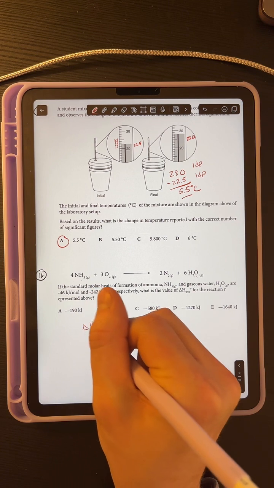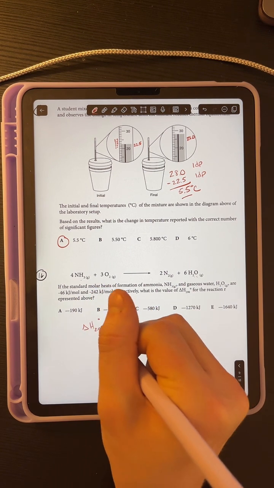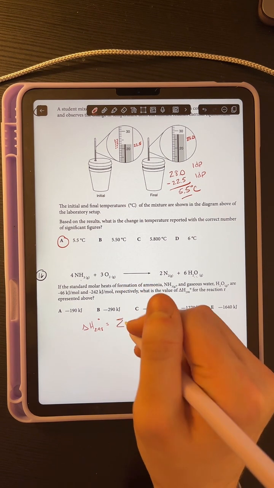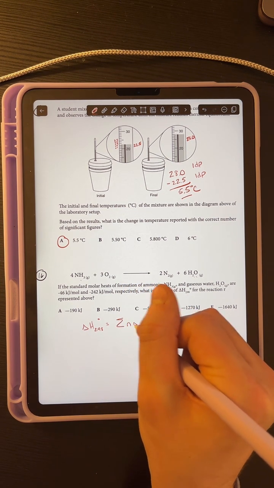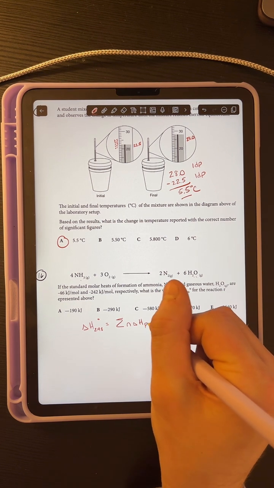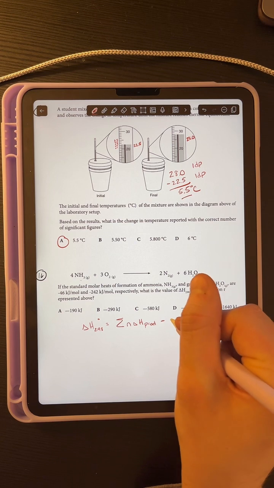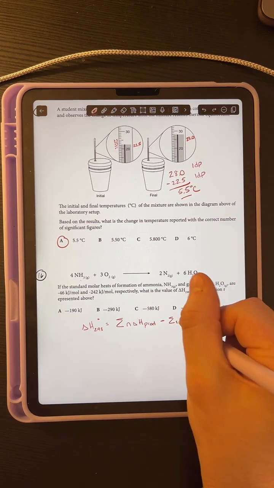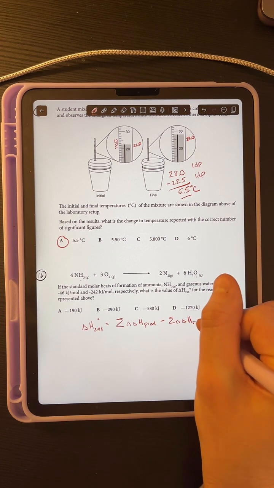So our delta H at 298, and that's our standard, is going to equal the sum of the delta H of our products minus the sum of the N delta H of our reactants.